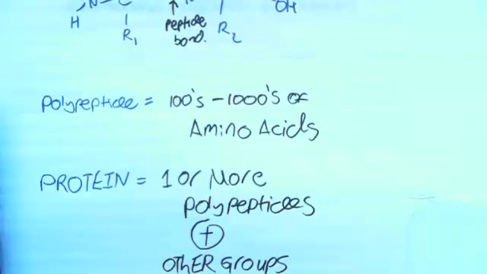So proteins aren't just amino acids. There's a lot of other groups that get added. They can undergo a bunch of other modifications, like glycosylation, where you add a small polysaccharide chain or disaccharide group, or you can do a bunch of other modifications. But the main backbone of a protein is the amino acid backbone.